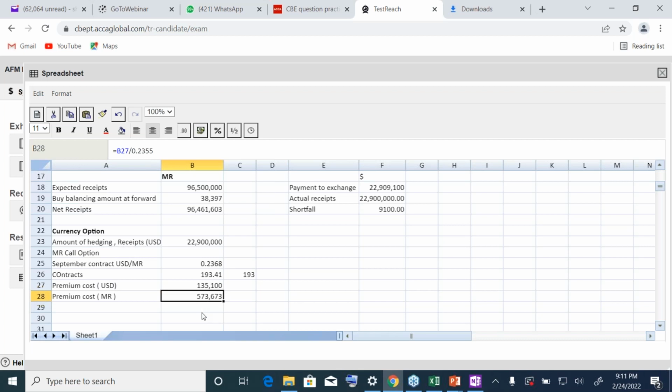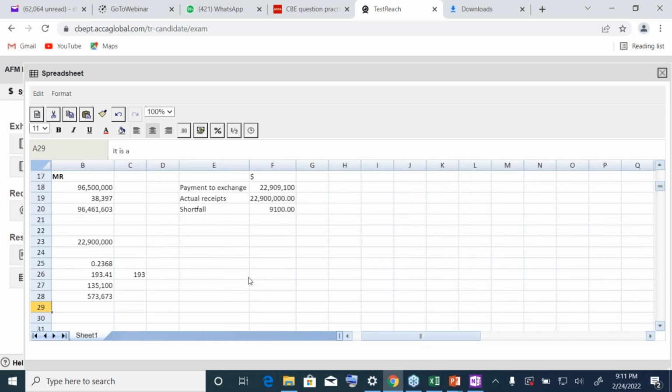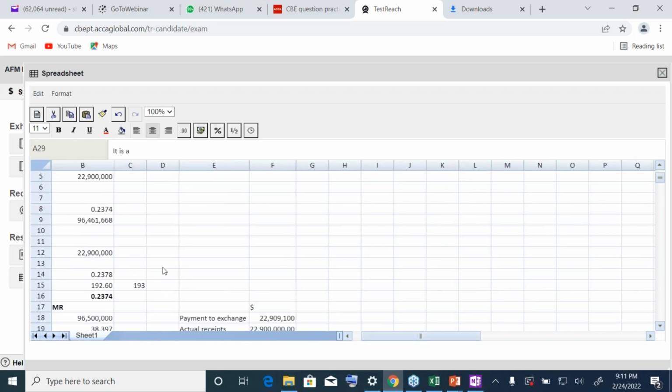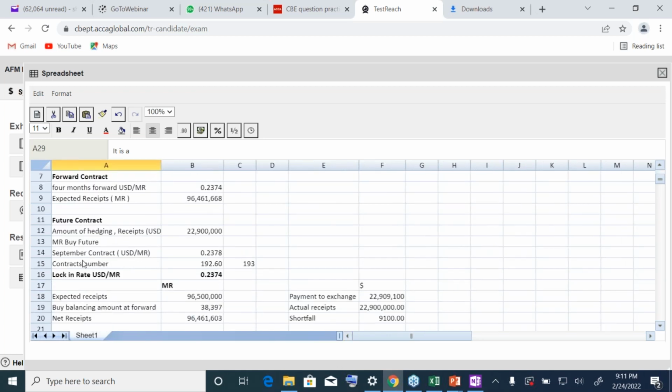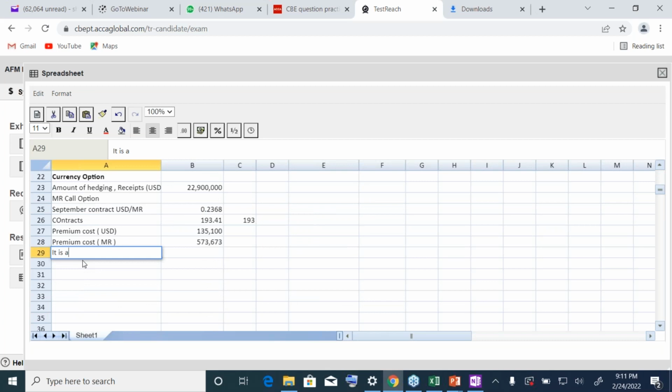Okay. Now you will decide. Always you have to write this statement: it is assumed that option will be exercised.